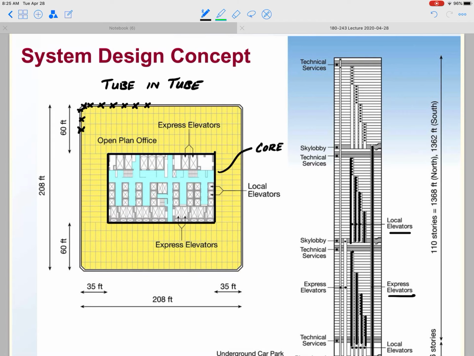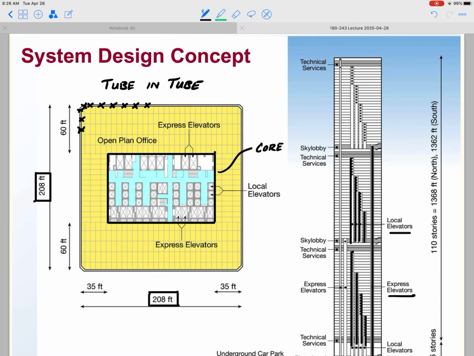So if you look here, 208 feet by 208 feet, they were square in plan, right? That's almost a full acre of office space. Well, I shouldn't say office space because some of that is the core. But if you notice the yellow here, that is all open space, right? There are no columns there, right? Or there were no columns there.